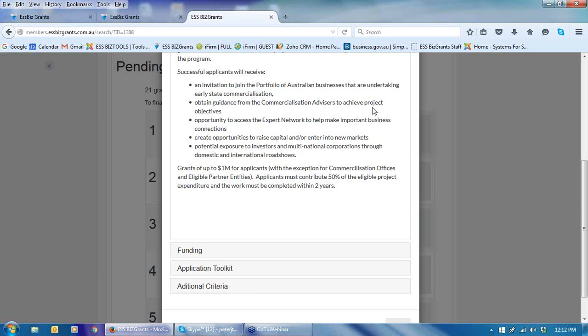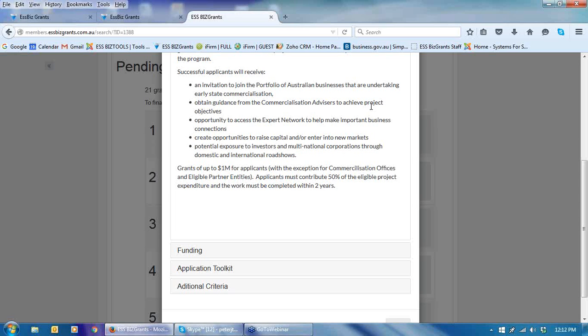This is a two-stage application process. The first stage is to submit an expression of interest, and once feedback is obtained from the commercialization advisors, who are private enterprise contractors who have been recruited by the government around Australia, there's about 30 of them. Once they've given feedback, the final application can then be lodged.